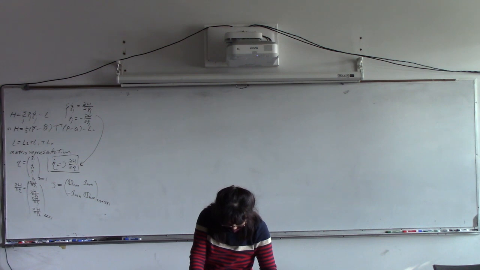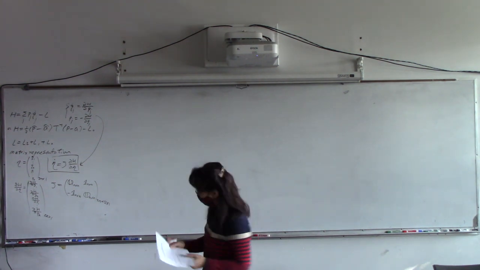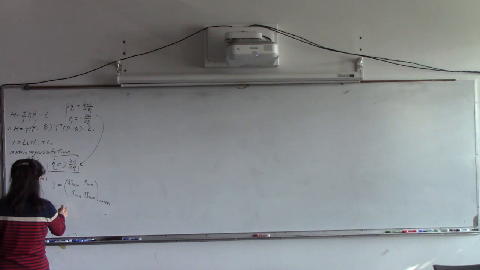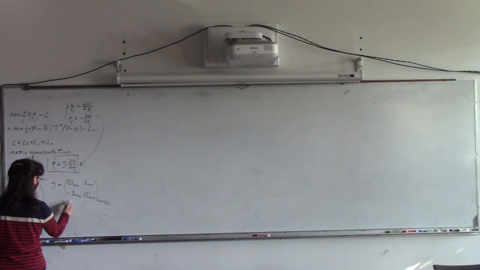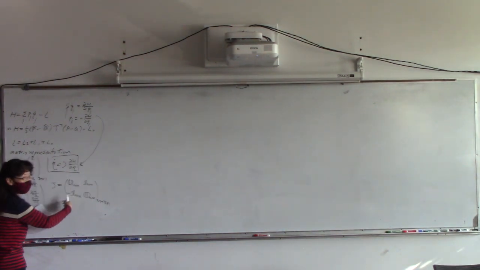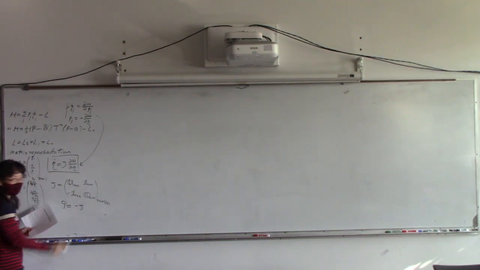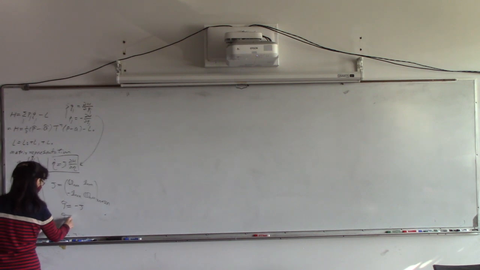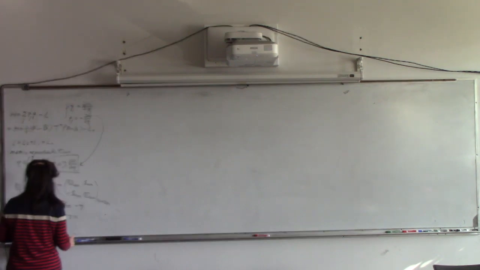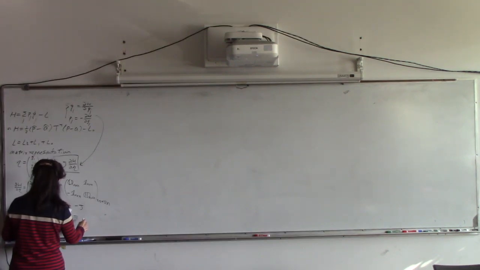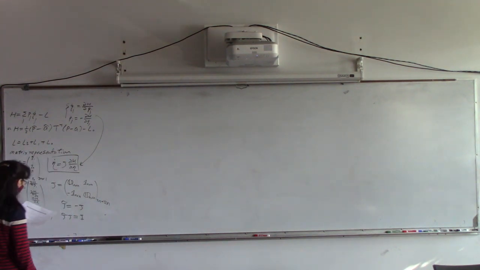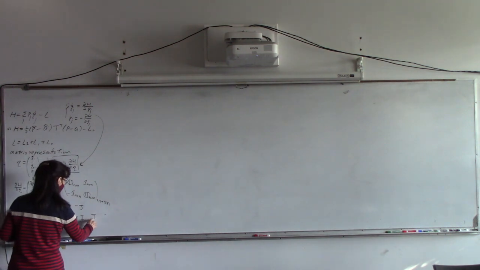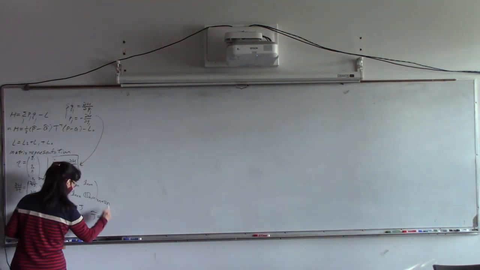For the properties of G, I don't remember if I discussed them last time. If you take the transpose of G, that exchanges and gives negative G, which is easy to find. If the transpose multiplies G itself, it equals the unity operator. Therefore G transpose is equal to G inverse.